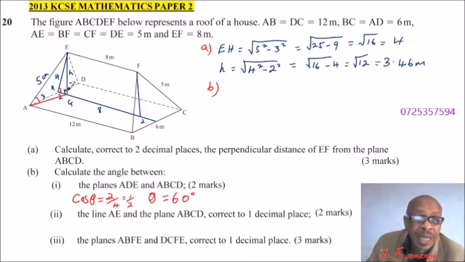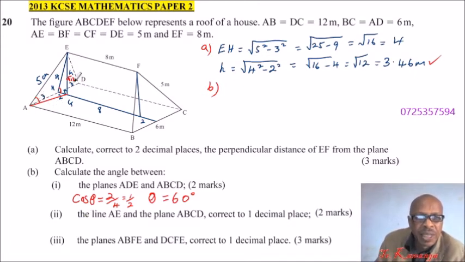And how do we do that? We have already found this is 3, and this is the square root of 12, which we found is equal to 3.46. I've used root 12 because 3.46 is approximated, so that we can get a better, exact value. So we use sine.